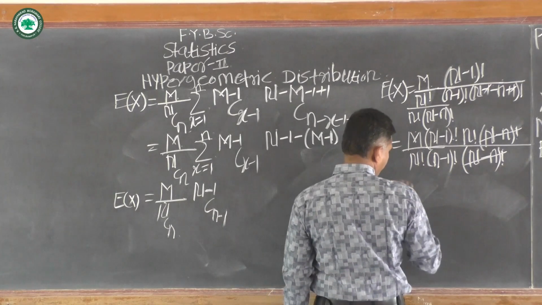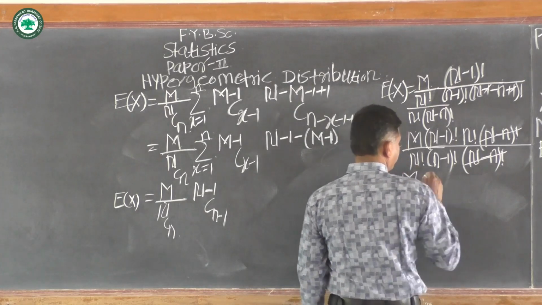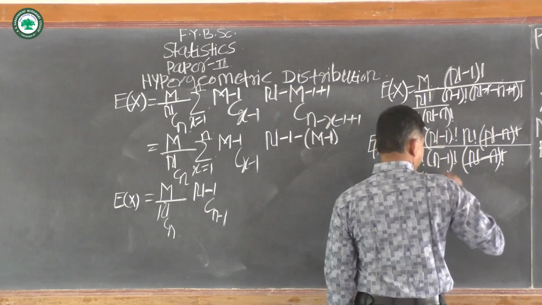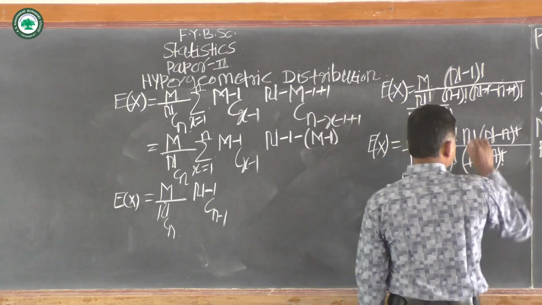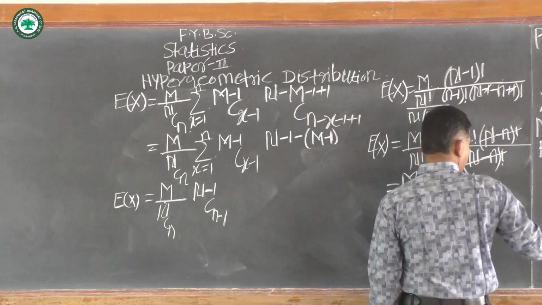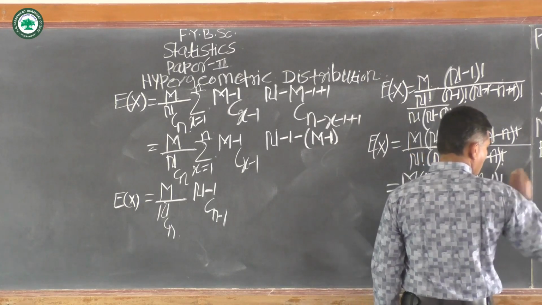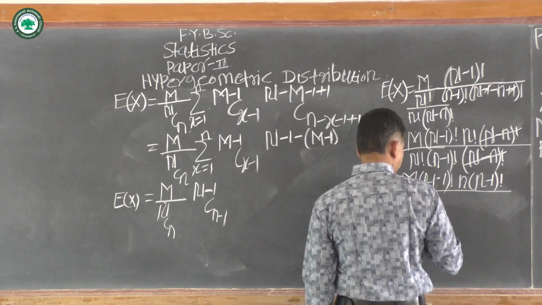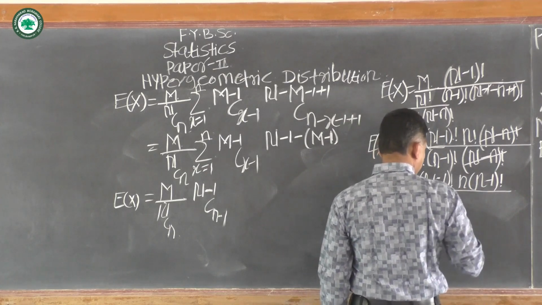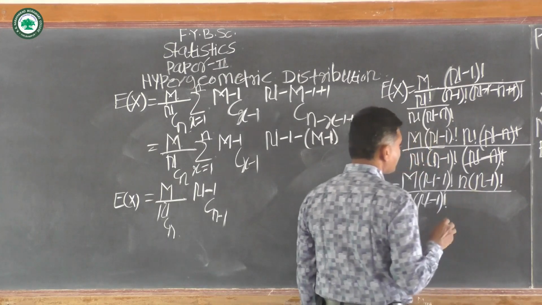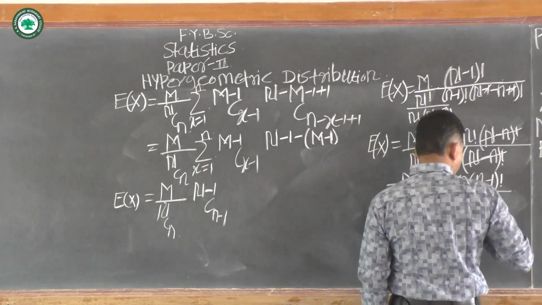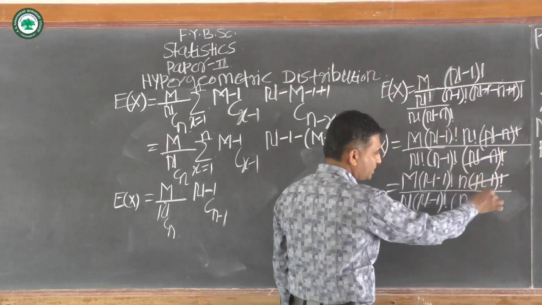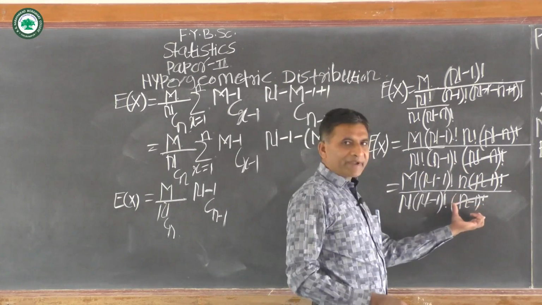Then we have M into (N minus 1) factorial as it is, and n into (n minus 1) factorial divided by N into (N minus 1) factorial. Now (n minus 1) factorial and (n minus 1) factorial get cancelled.